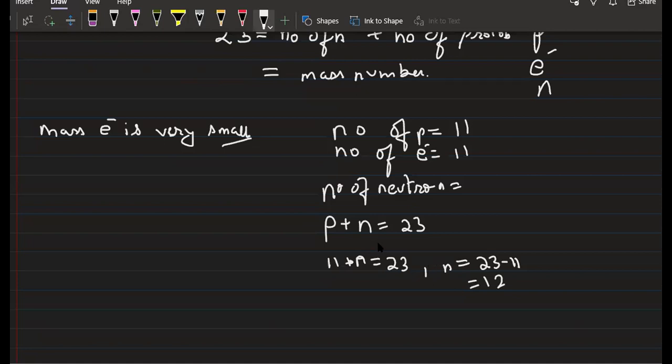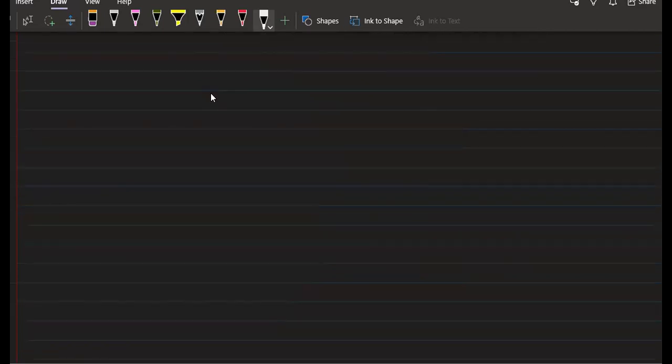Let's get back to our problem. I said that Na will give one electron, and will form Na plus. Now this one electron is called its valency.